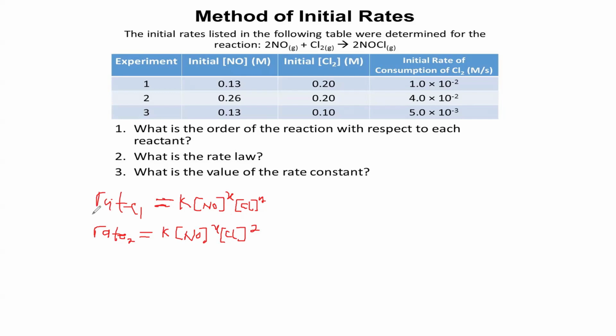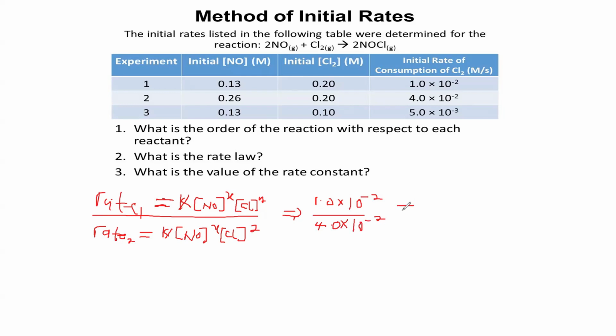So we can easily equate these two different rates. Of course, here we have K, so this K will take care of the other K. Therefore, rate 1 has the value 1.0 times 10 raised to the power of minus 2, and for rate 2 we have 4.0 times 10 raised to the power of minus 2.